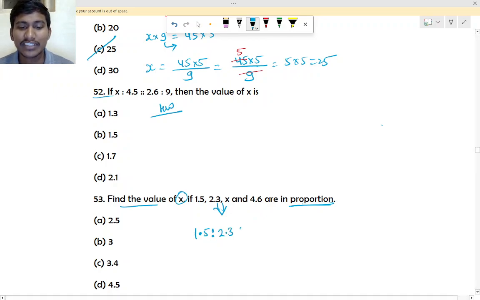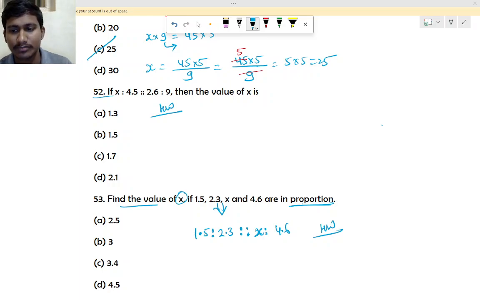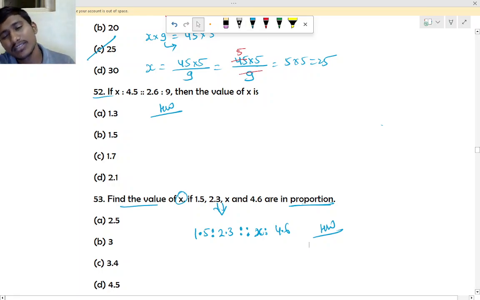Then after the first ratio ends, we have to write 2 colons. Right? 2 colons. Next, x is to how much? 4.6. Now same thing as 52. Will you do 52 like that? Okay, fine.